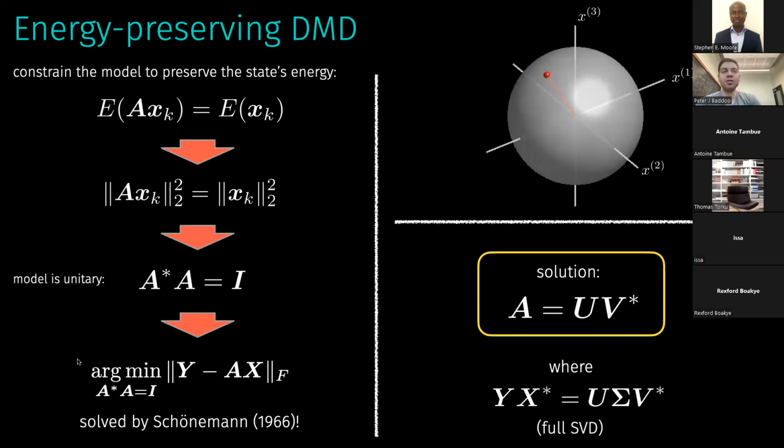And the solution for A, so the A that minimizes this error function, is just given in terms of the SVD of this function of the data. So this is a very tractable problem. We can compute this SVD easily, and we can get the A that minimizes this error subject to this model A being conservative.